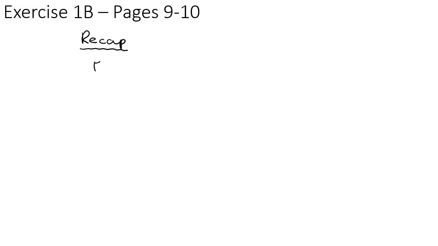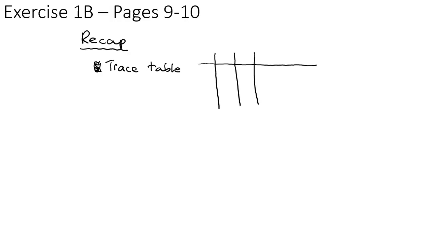So I'll just do a quick recap. I think we'll probably just talk about trace tables. With a trace table, this is what we're going to do to record our results. In the headings of this table, if it's a flowchart with box numbers, or maybe just put box here, we'll have 2 or 3 columns with our variables, things like n and whatever variables we have.